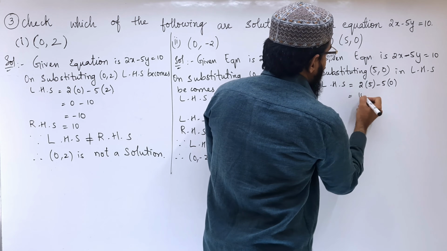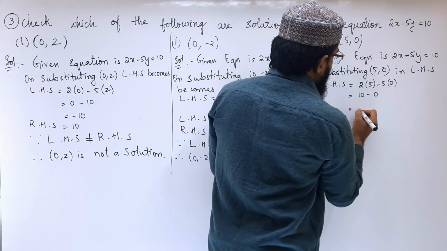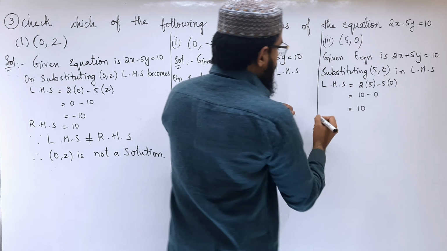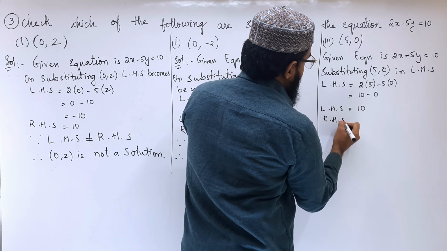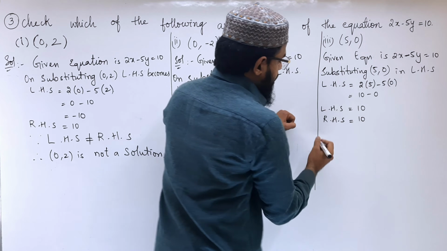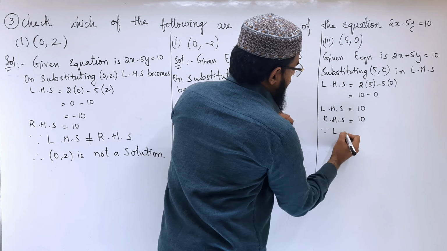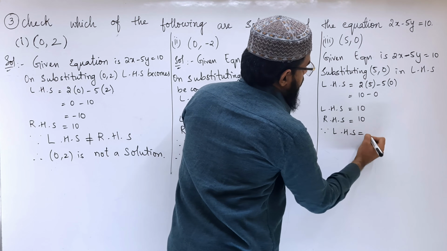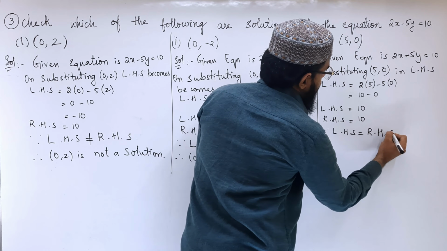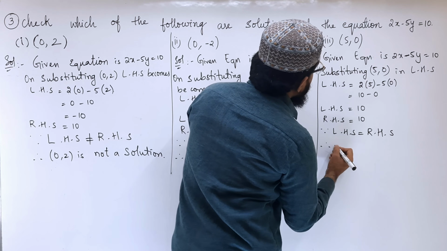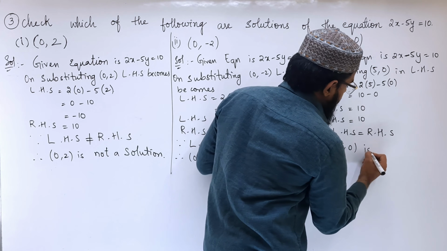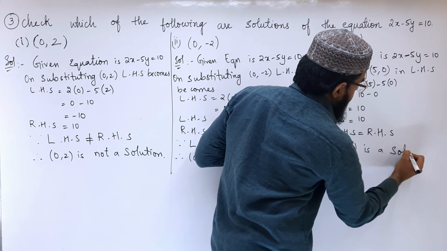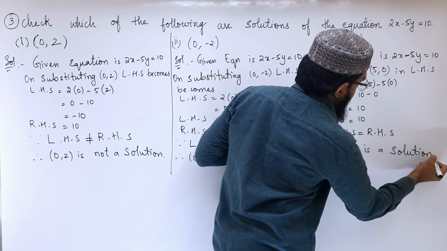So 2 5s are 10 minus 5 zeros are 0. So 10 minus 0 is 10. So this is LHS. Next RHS. So RHS is 10. Since LHS is equal to RHS, therefore (5, 0) is a solution.